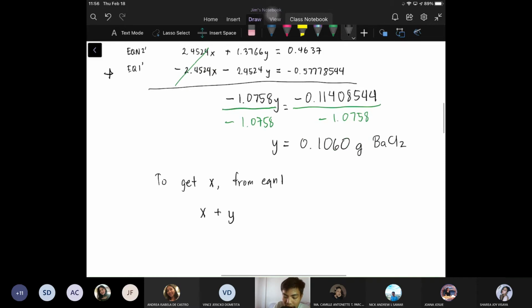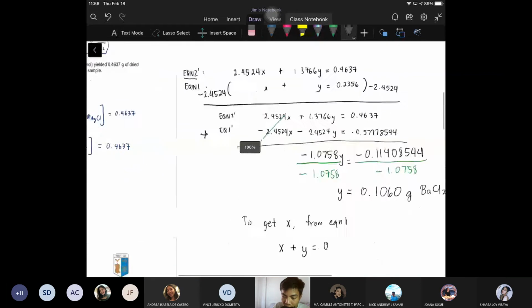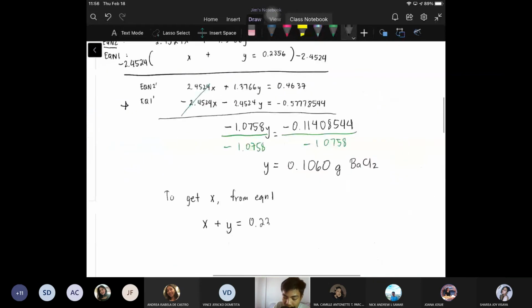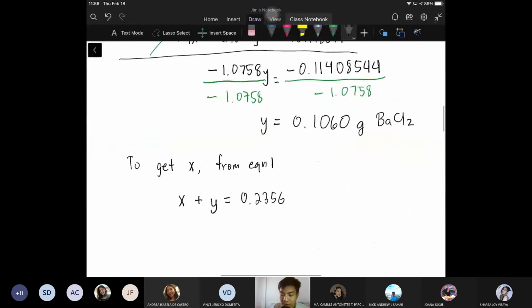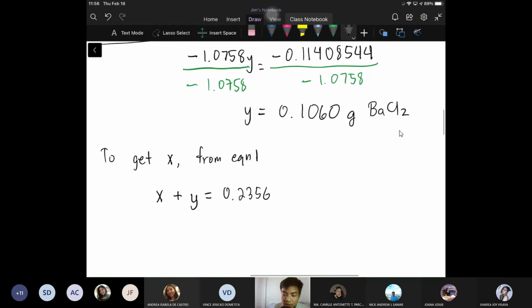X plus y equals 0.2356. Okay. So, alam na natin yung mass ng barium chloride. Ito na siya, di ba? So, ngayon, kung gusto natin malaman yung mass ng sodium chloride, we will need to use the first equation, no? Yung x plus y equals 0.2356.